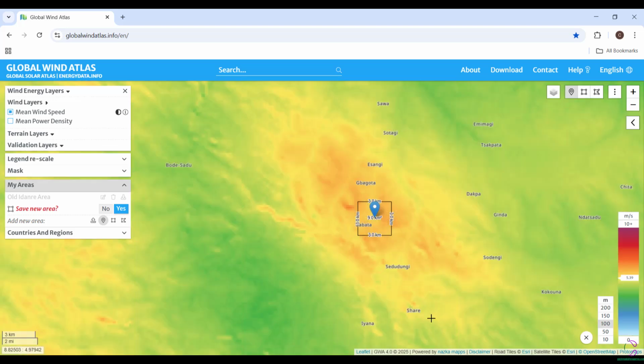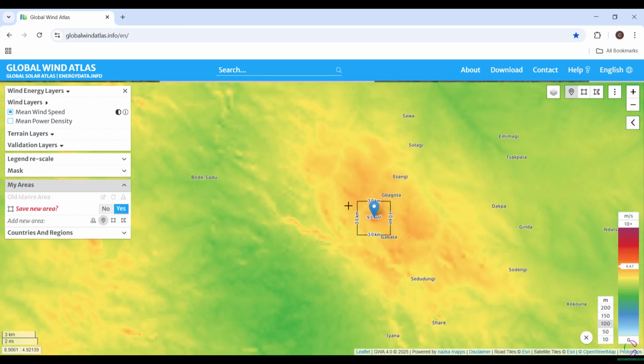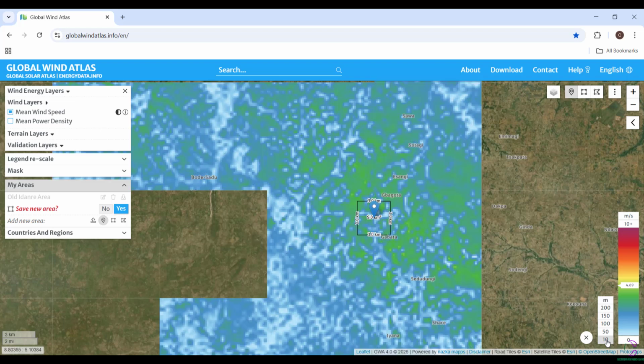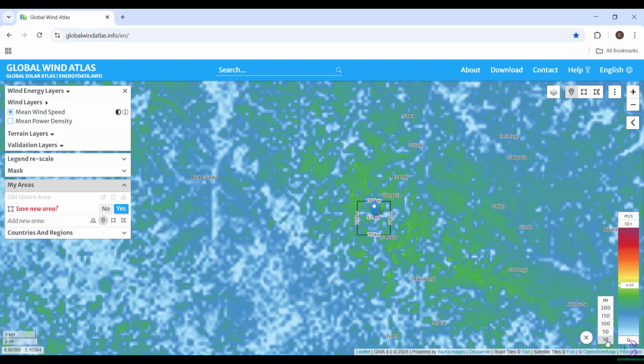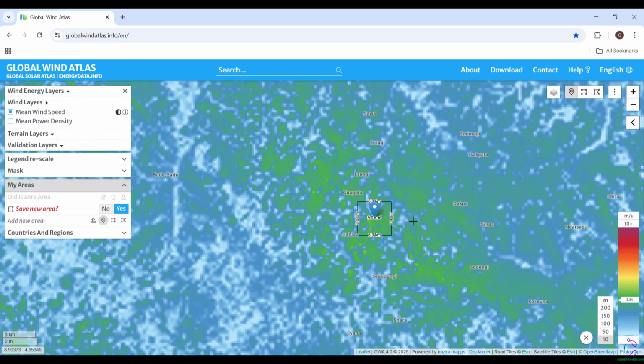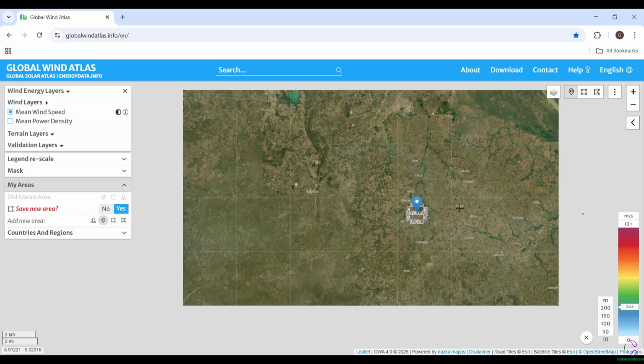Around the Share area, Bodhisado has 5 meters per second at 100 meters above the ground. But at 10 meters above the ground, it's much lower. You can see 3 meters per second within this location, which is just the starting wind speed.